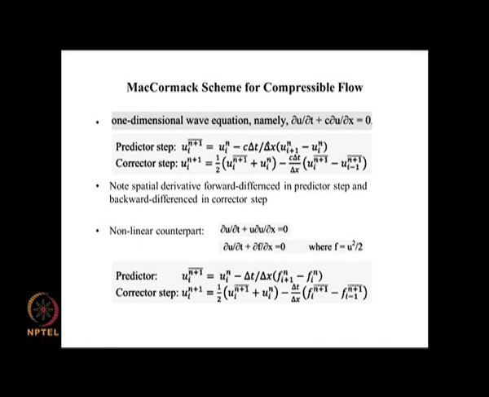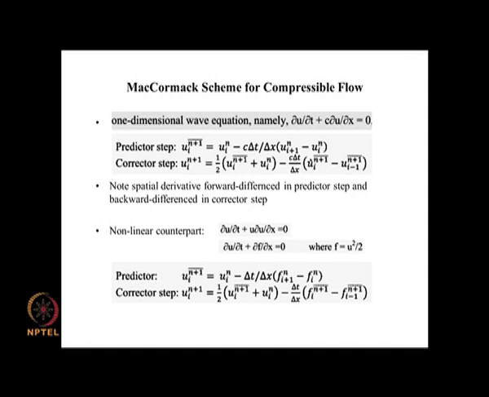If you look at this and this, the difference is that these are the old step values and these are the provisional step values, or the predictor step values, and here forward differencing is used and here we have used backward differencing. Taken together, we will get a central scheme in the case where you have no nonlinearity.